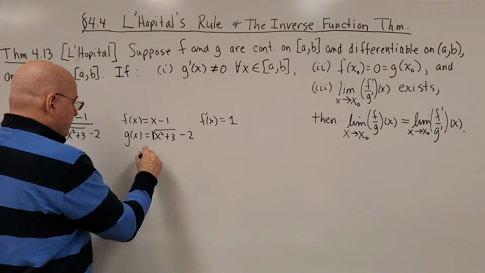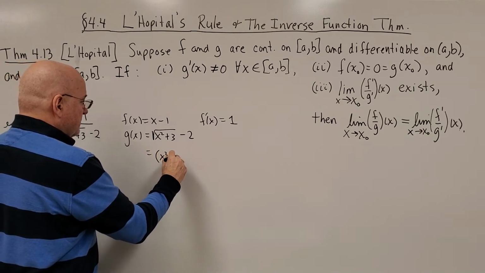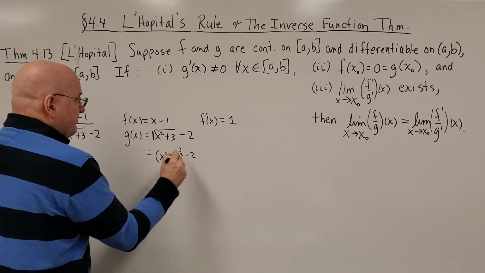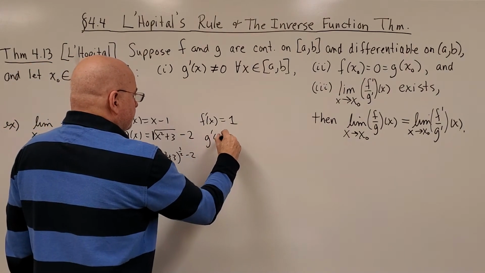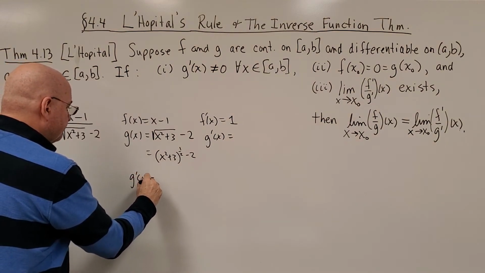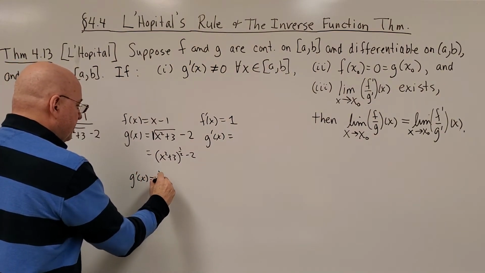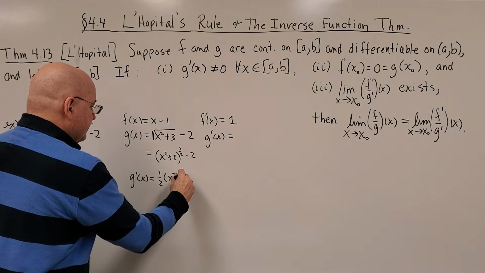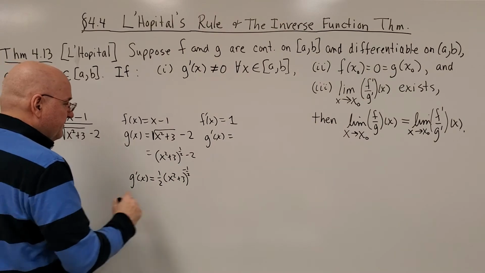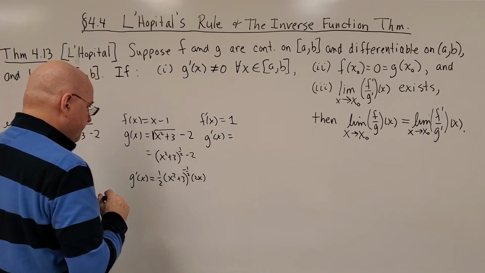And g prime of x, maybe I'll do my scratch work down here, would be 1/2 times x squared plus 3 to the negative 1/2 times the derivative of the inside, which is 2x.